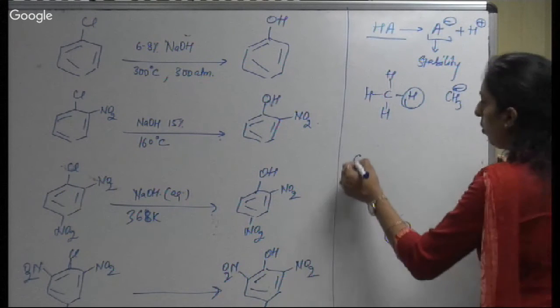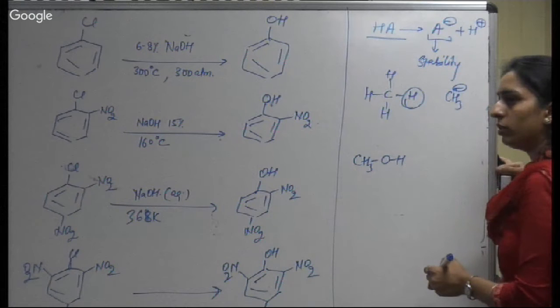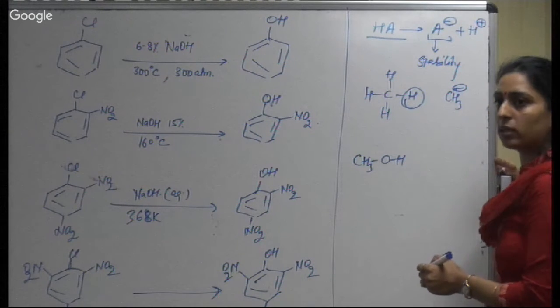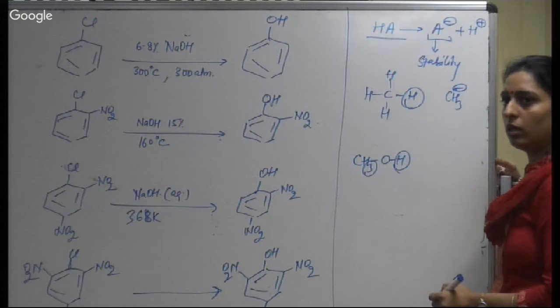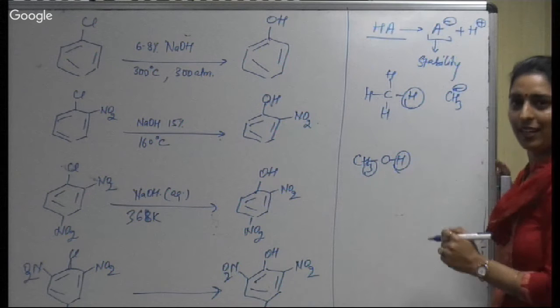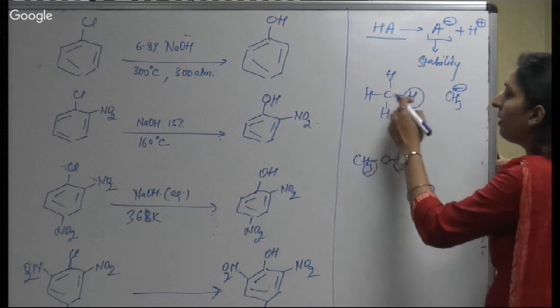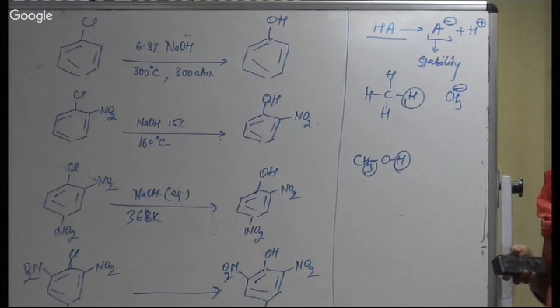Suppose in the case of methanol, which proton would you like to remove? OH. Why this one? Why not this? There was no other possibility. That is why we were saying this. Otherwise there is not much difference between the electronegativity of the carbon and the hydrogen.